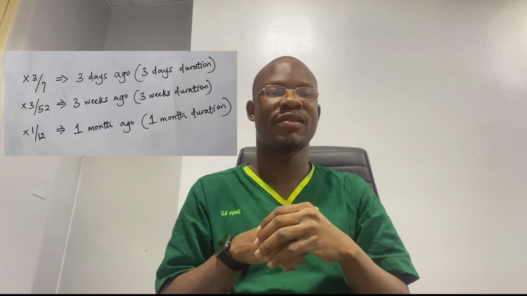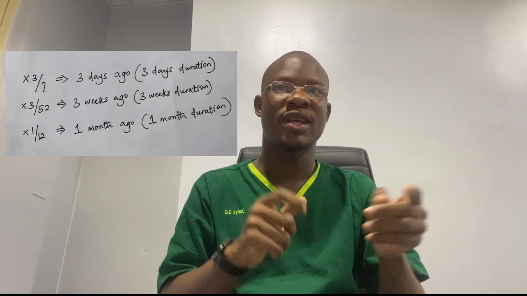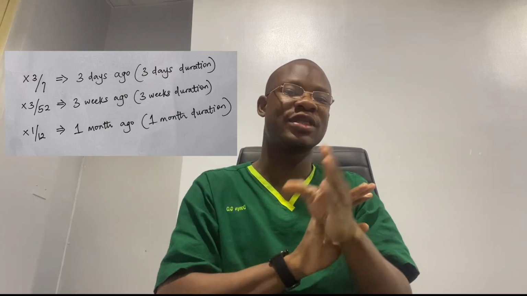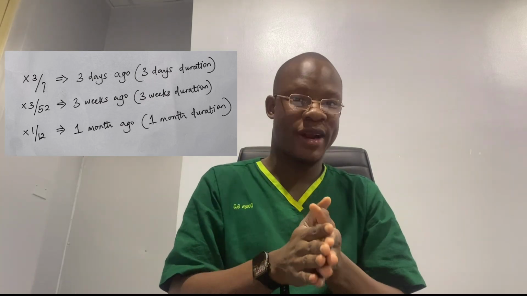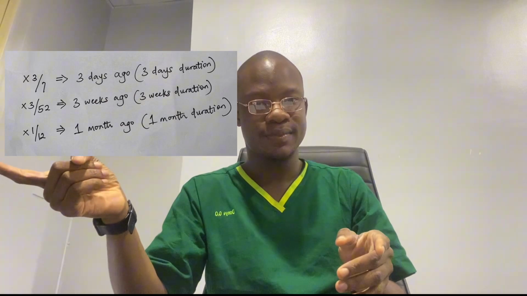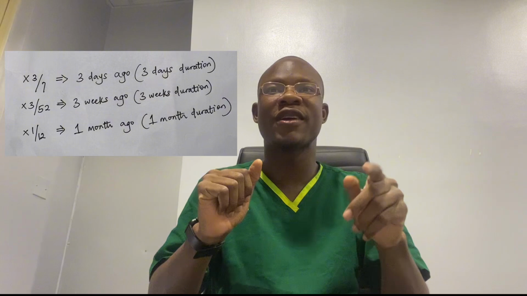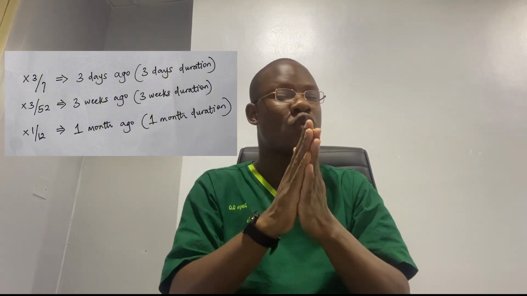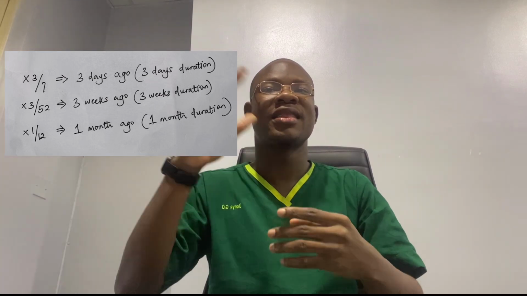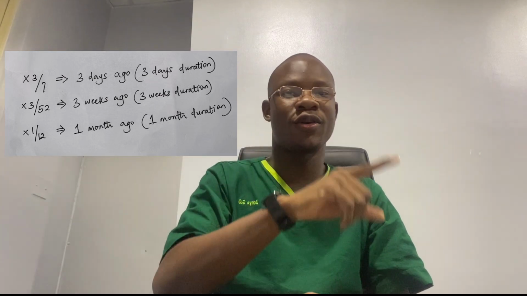3/7, for example. Let me give that as an example. Times 3/7. With 7, you have 7 days in a week, right? So whenever you see 3/7, it means 3 days ago. If you see something like 3/52, you have 52 weeks in a year, so that is 3 weeks ago.